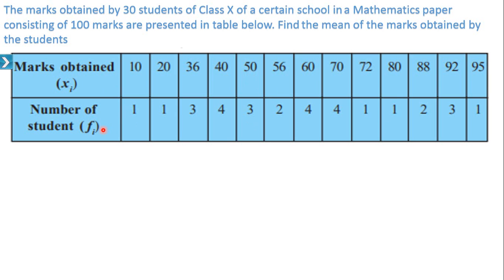Now, let us find the mean for this data. This is the given table. Write this table vertically, that is, the first column is x i, because the formula to find the mean is x bar is equal to sigma f i x i divided by sigma f i.